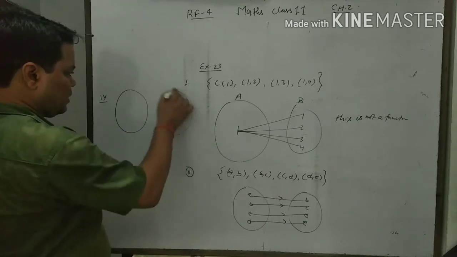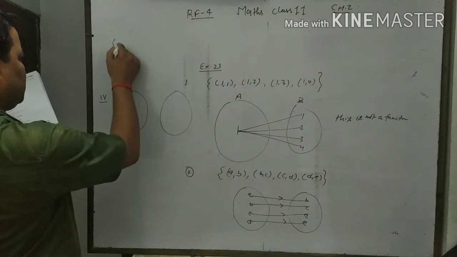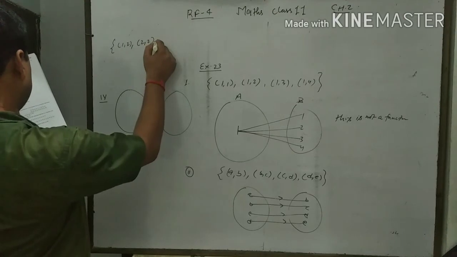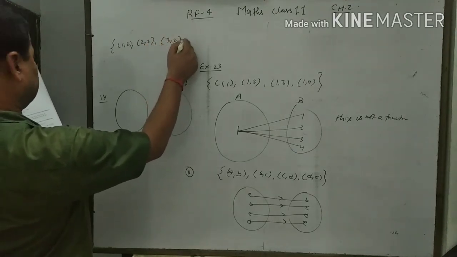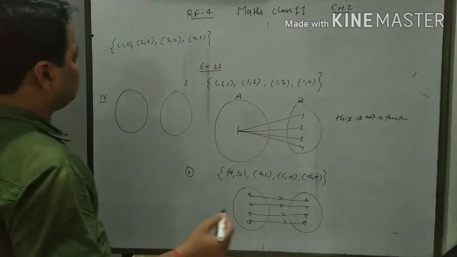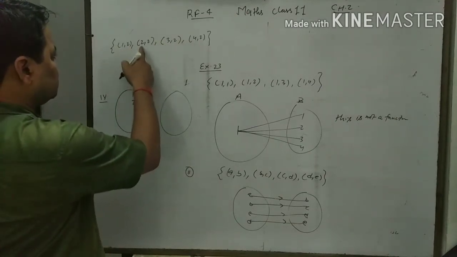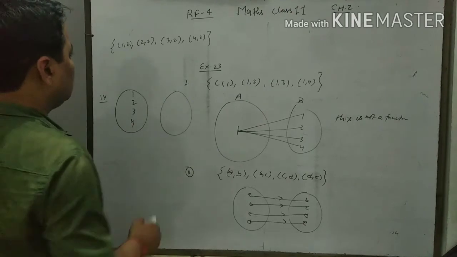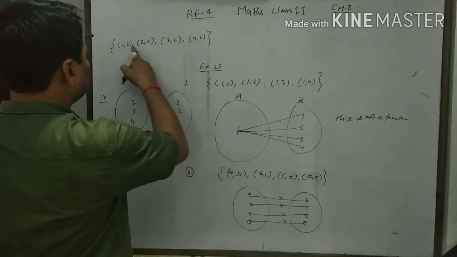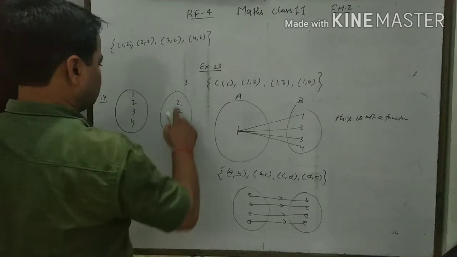The set is (1,2), (2,2), (3,2), and here (4,2). First elements are what? 1, 2, 3, 4, and here second elements are 2, only 2, only 2.